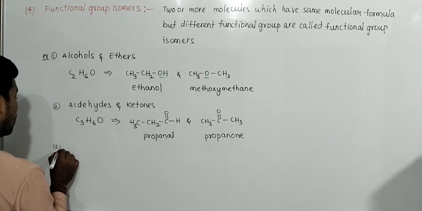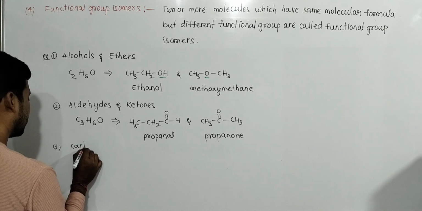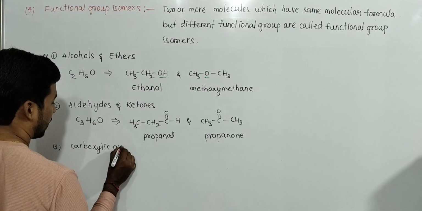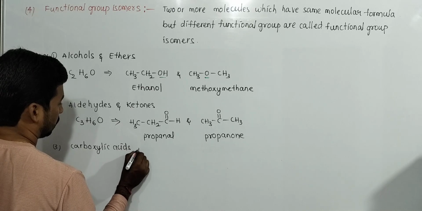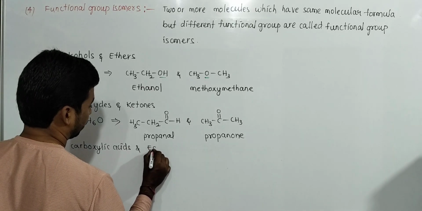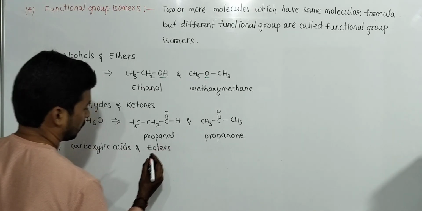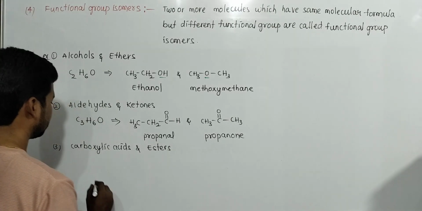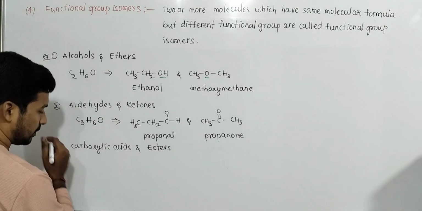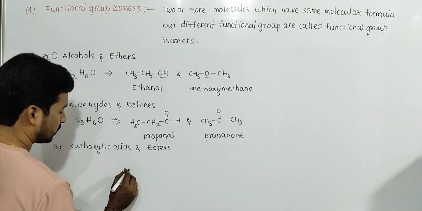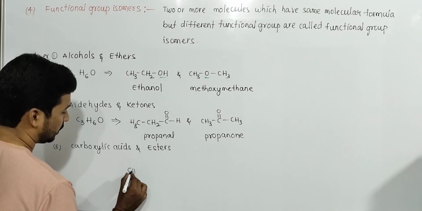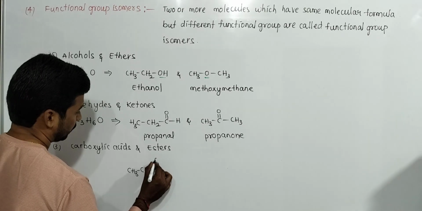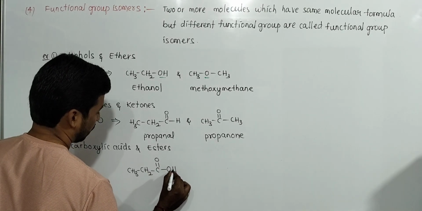Third, if you see carboxylic acids and esters. Carboxylic acids and esters also become functional group isomers. CH3CH2COOH, propanoic acid.